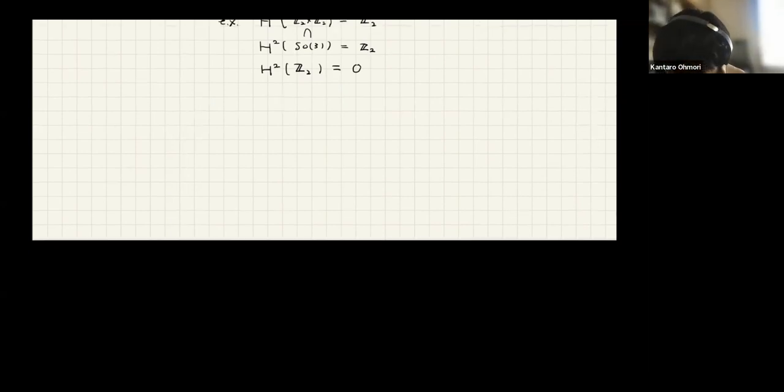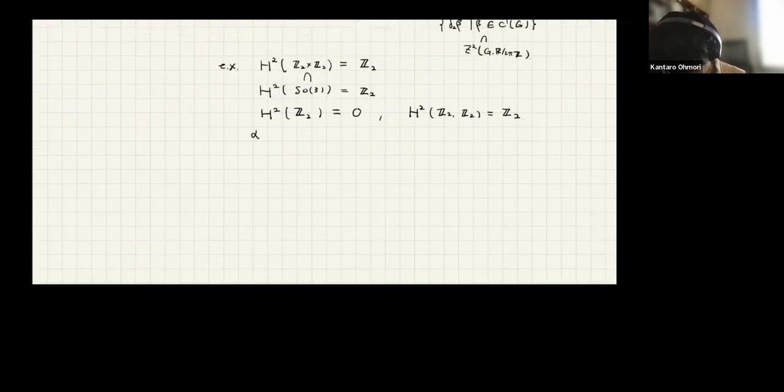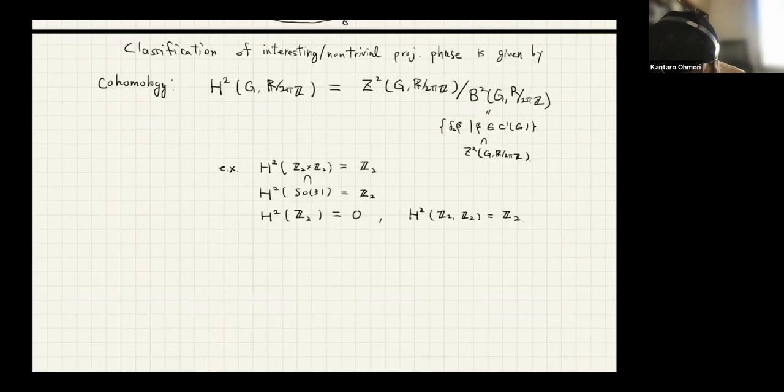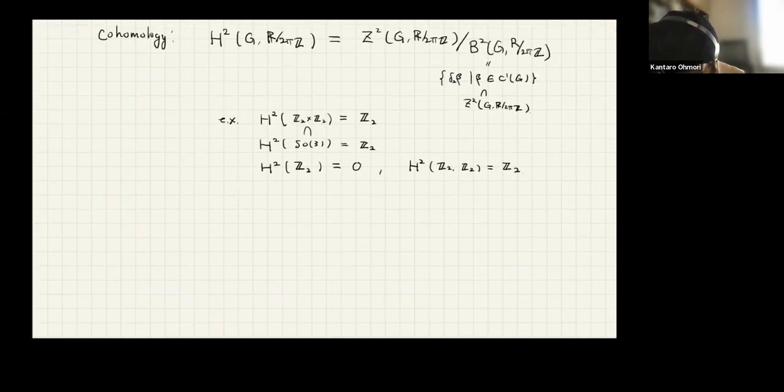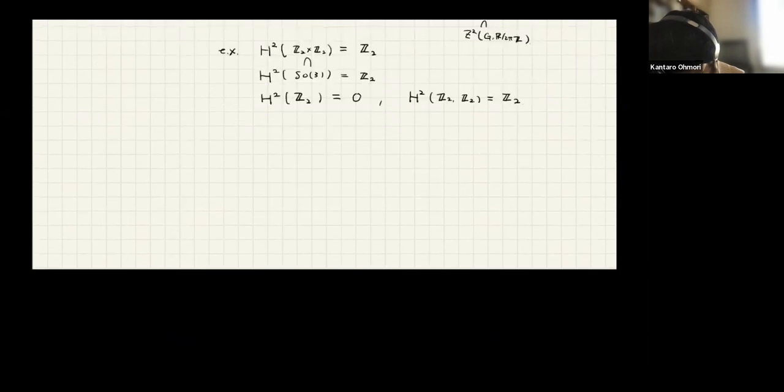But if the value is restricted to Z2, then it's Z2. So that would be these examples.